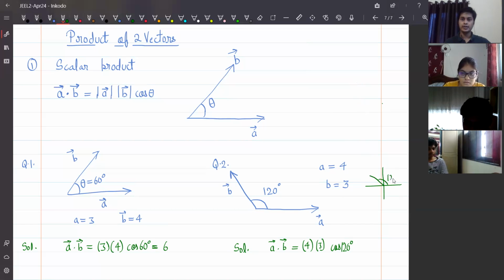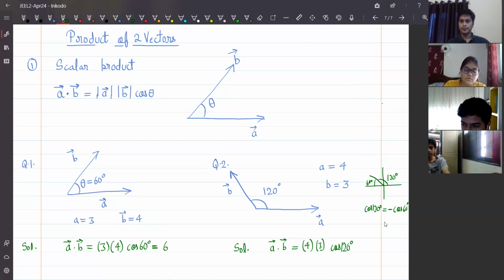This angle is 120. That means this angle is 60 degree. So cos 120 is cos 60, but with a negative sign. So minus 1/2, that is 6. Minus 6. Yeah.